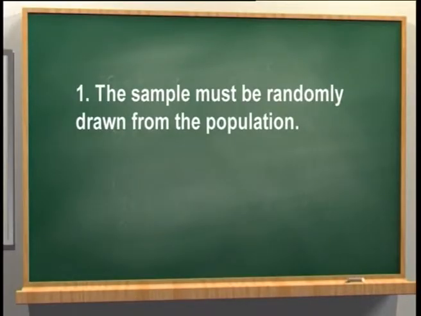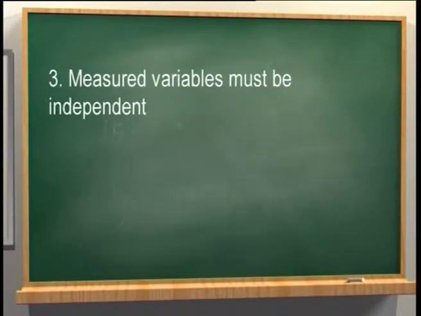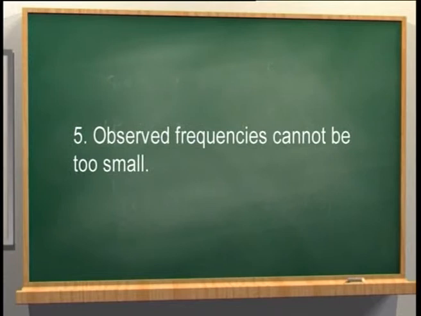The sample must be randomly drawn from the population. 2. Data must be reported in raw frequencies and not percentages. 3. Measured variables must be independent. 4. Values or categories on independent and dependent variables must be mutually exclusive and exhaustive. 5. Observed frequencies cannot be too small.